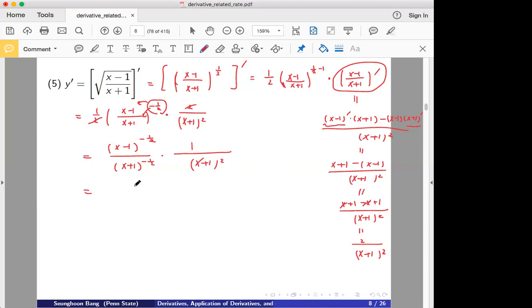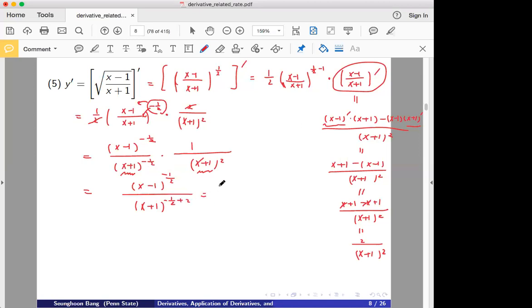The next, top one is (x minus 1) to the power minus 1/2, over the bottom one. We have the same base, so you have to add the exponents: (x plus 1) to the minus 1/2 plus 2.